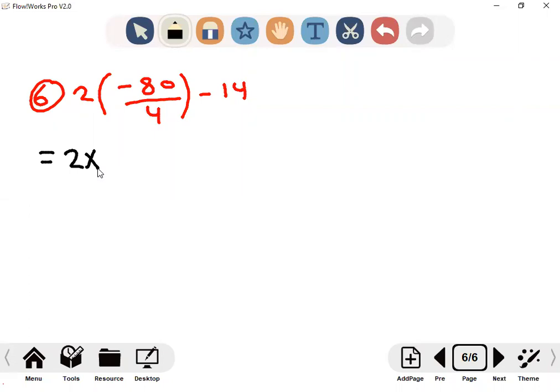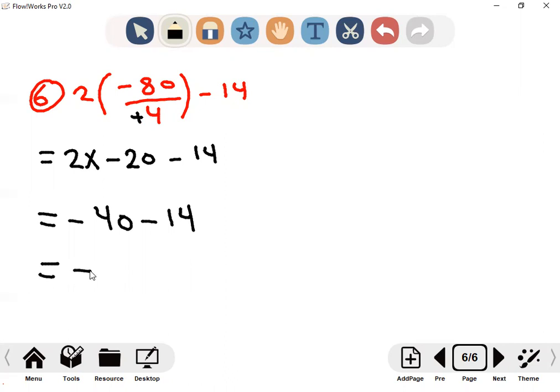No, it's not 20, it is negative 20 because we have different signs. The 4 is positive, the 80 is negative, negative 20 minus 14. Now we multiply the two numbers, positive multiply negative, negative 2 by 20, 40, minus 14. Add and put the same sign. 14 plus 40, 54, negative. Got it?